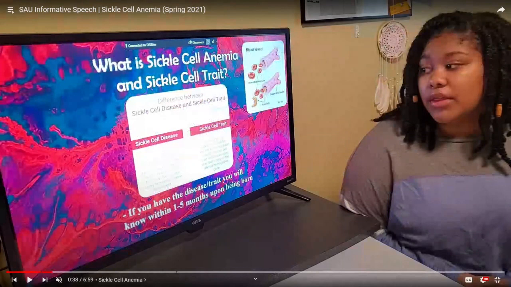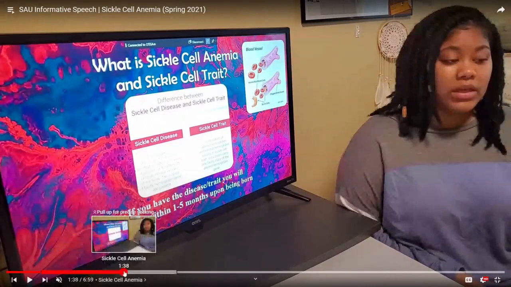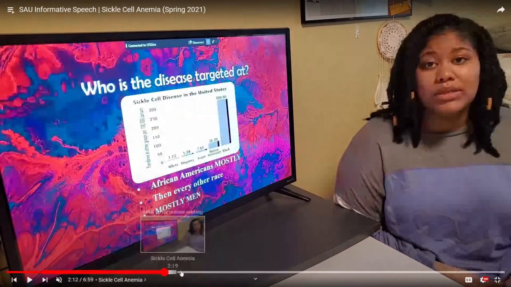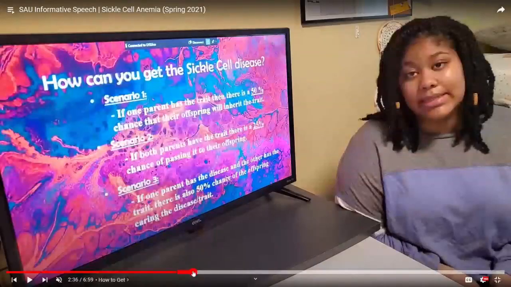There you can tell she's looking at it and then back out to her smartphone, discussing it in detail. Think about some of those elements that I discussed on the research area with the organizational structure, that type of thing. Still looking at her notes, and then moving on to how you get the sickle cell disease with the 3 different scenarios that she discusses in detail.